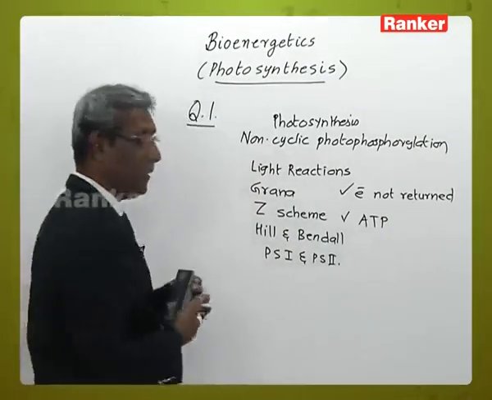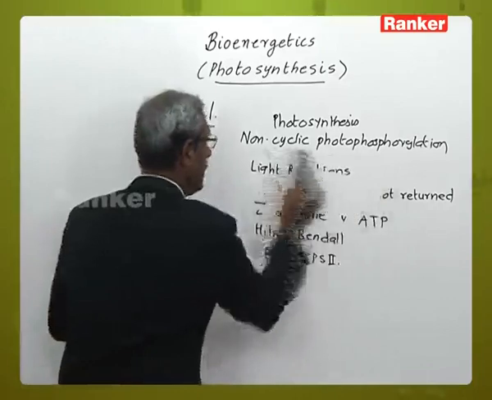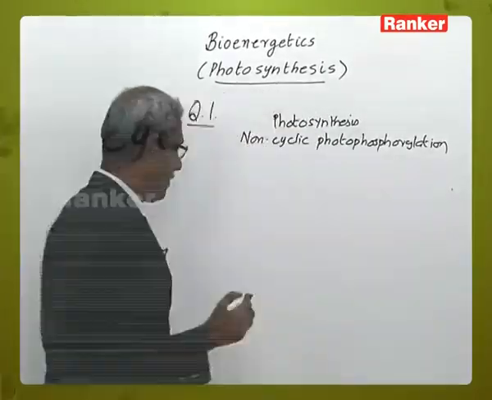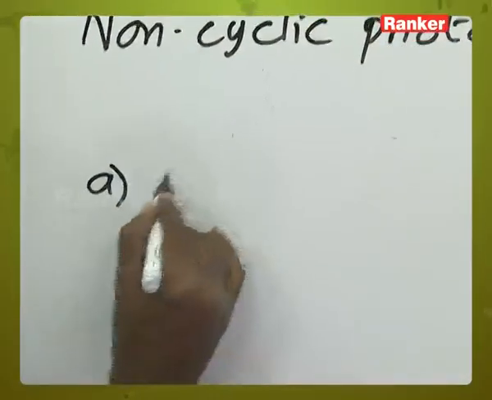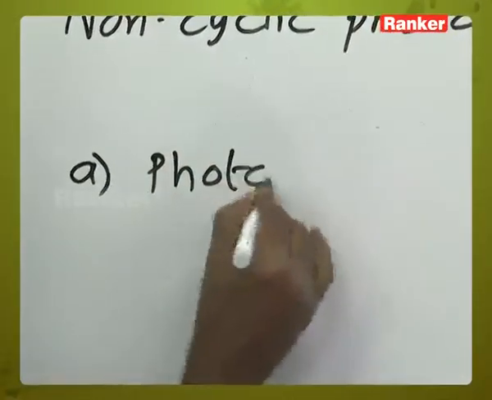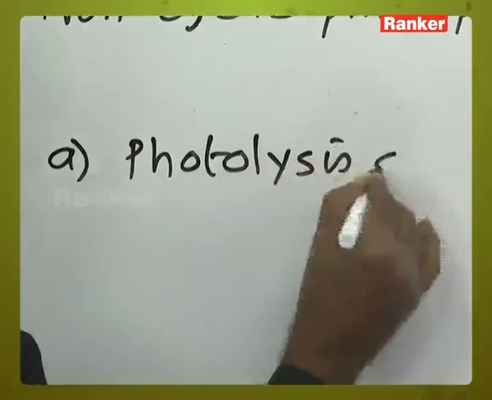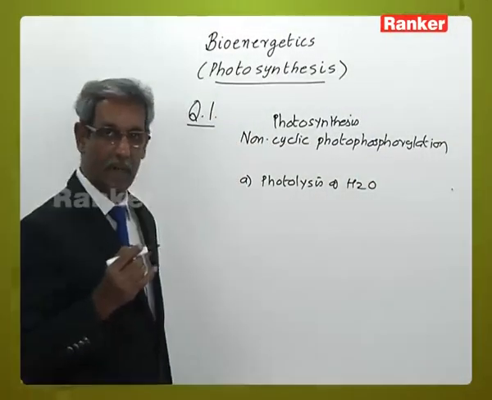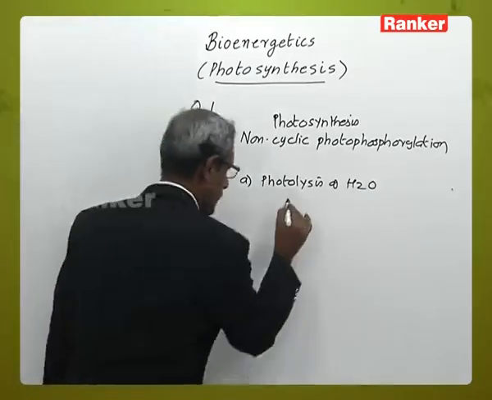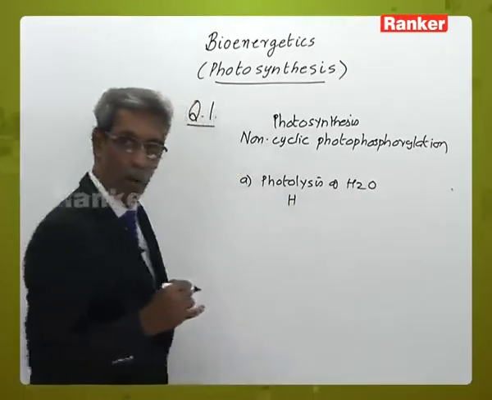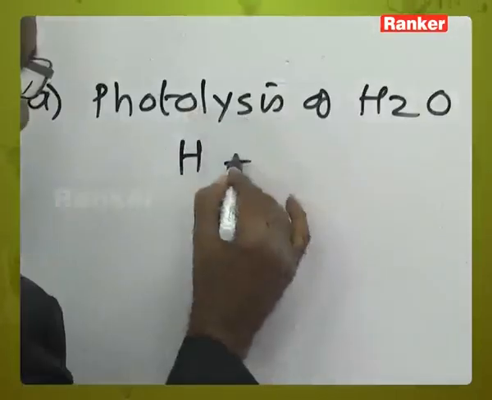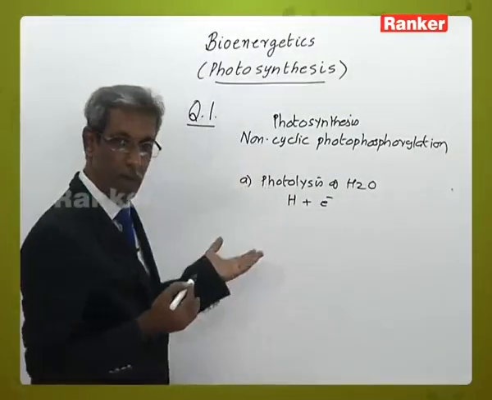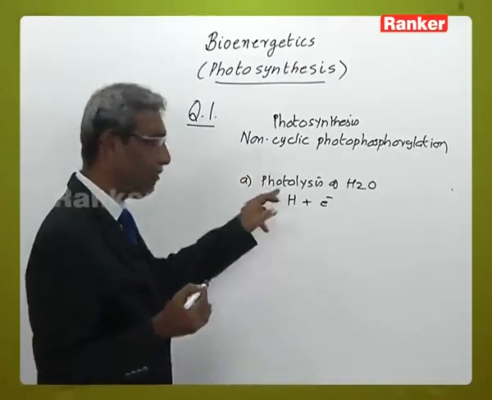If you look at the reactions, first we have the photolysis of water. Water is split, and there is liberation of hydrogens. Along with the liberation of hydrogens, there is also the liberation of electrons. So initially, for the light reactions, we have the photolysis of water.